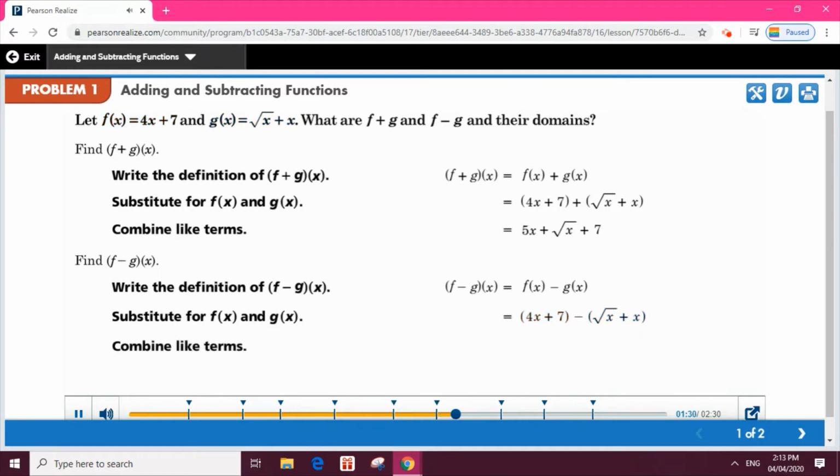Combine like terms. The result is 3 times x minus the square root of x plus 7.